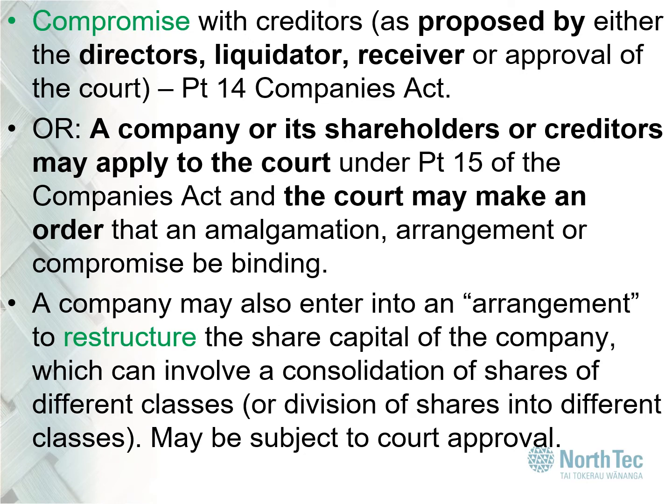A company may also enter into an arrangement to restructure the share capital of the company, which can involve a consolidation of shares of different classes, or even a division of shares into different classes, but it may be subject to court approval.